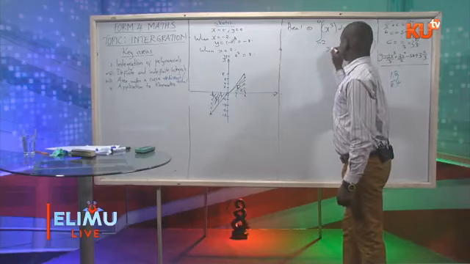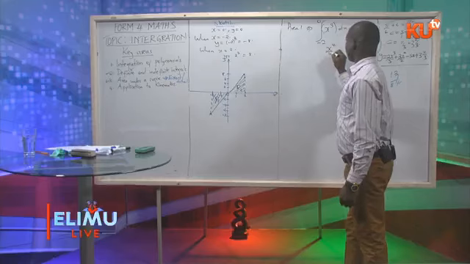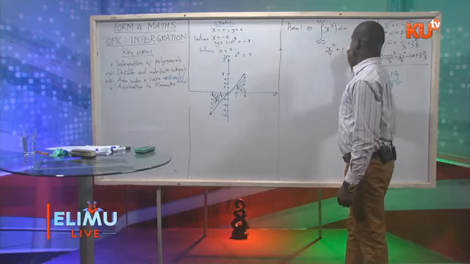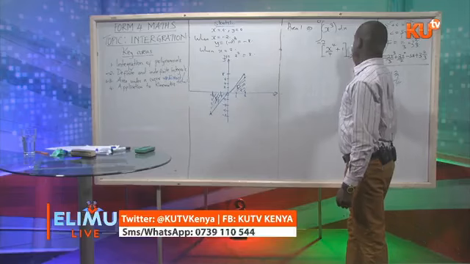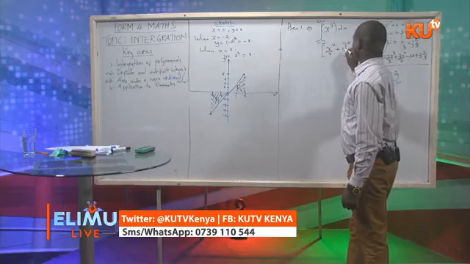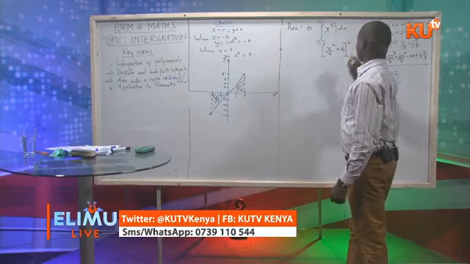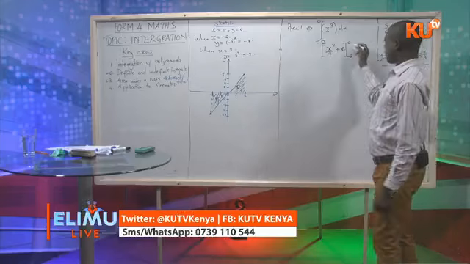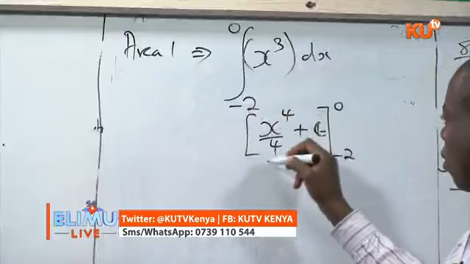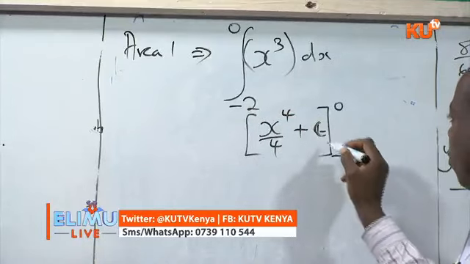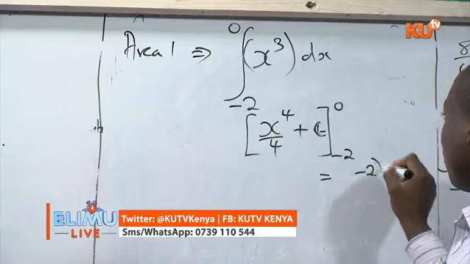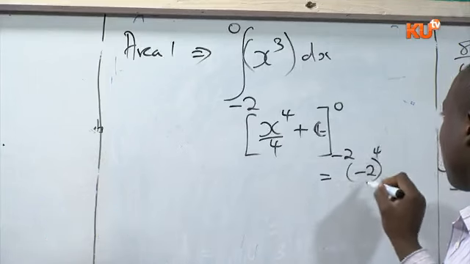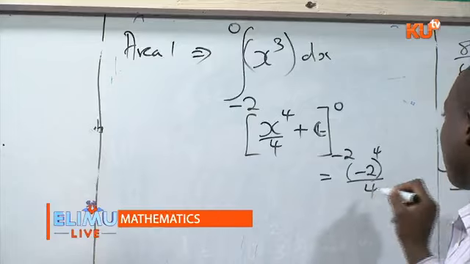This will give us x power 4 over 4 plus c, then negative 2 to 0. We replace 0, and everything here will be 0. When we replace negative 2, we have negative 2 power 4 over 4.